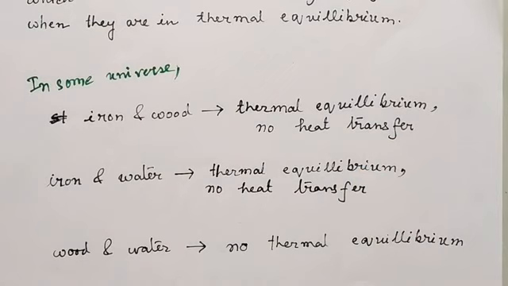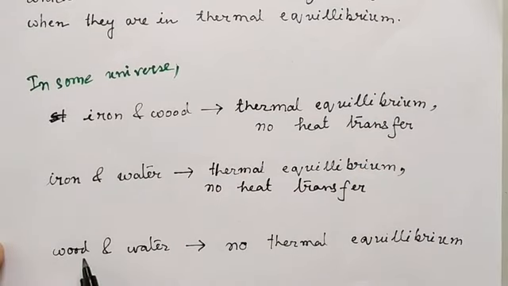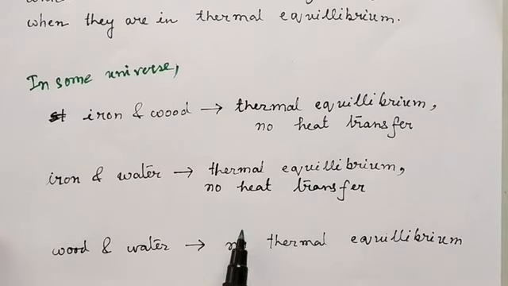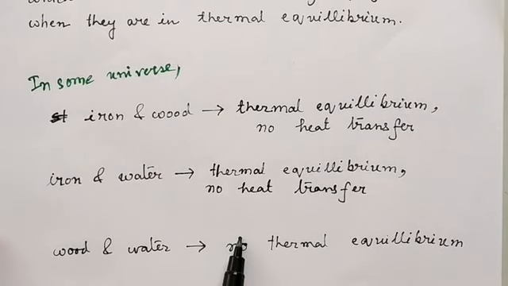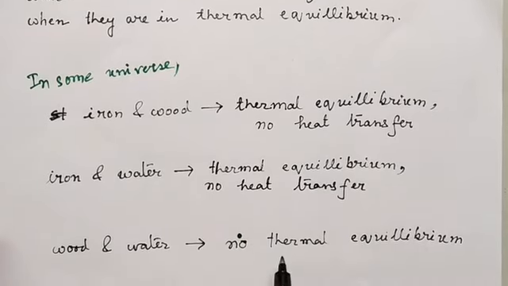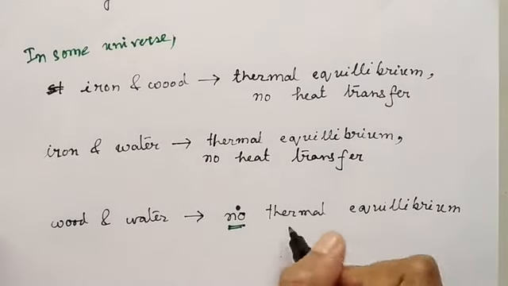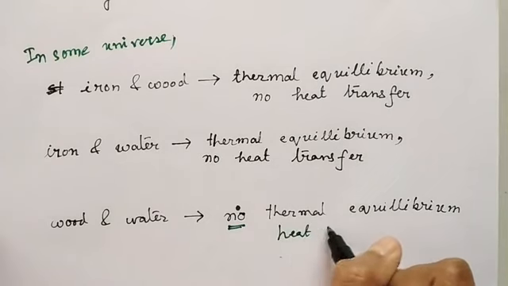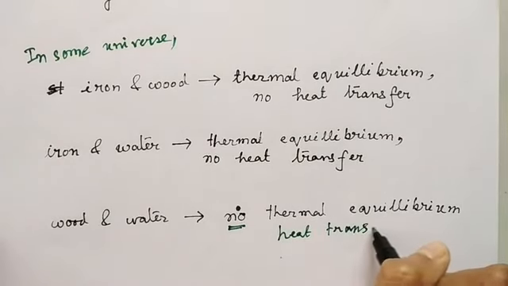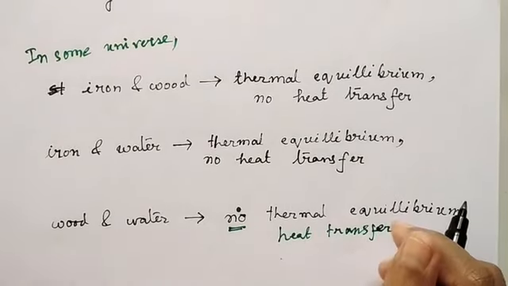zeroth law is true, then when the wood and water are put in thermal contact, they should also be in thermal equilibrium. Now suppose in some universe when the wood and water are put in thermal contact, they will not be in thermal equilibrium and there will be heat transfer between them.